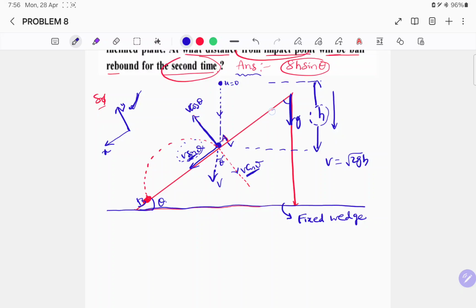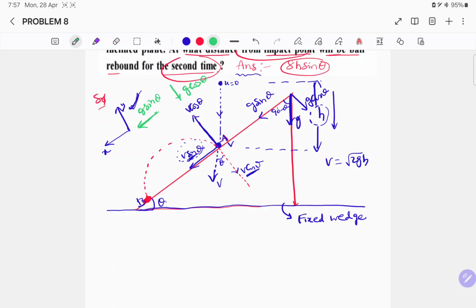As it is making 90 minus theta here, you can get g cos of 90 minus theta, which is g sin theta, and g sin of 90 minus theta, which is g cos theta. Parallel to the inclined plane, the value of acceleration will be g sin theta. Perpendicular to the inclined plane, it will be g cos theta.